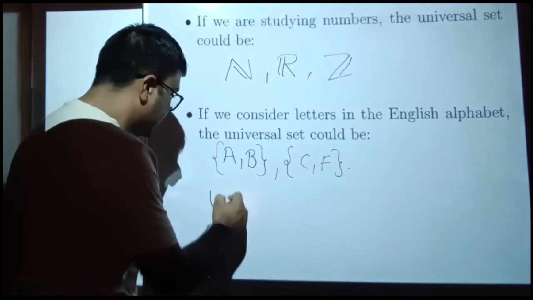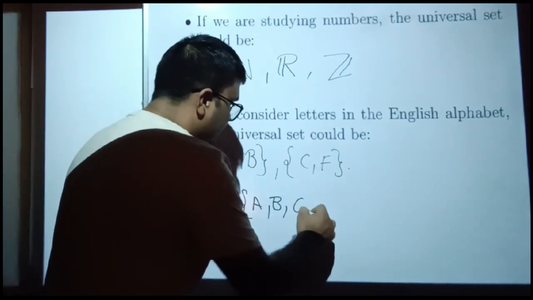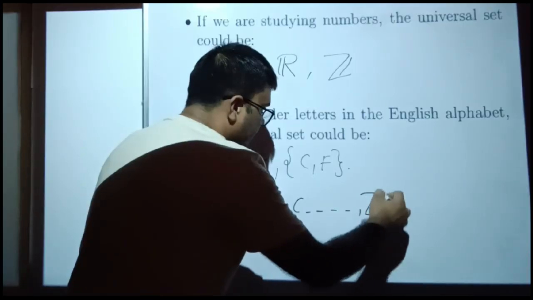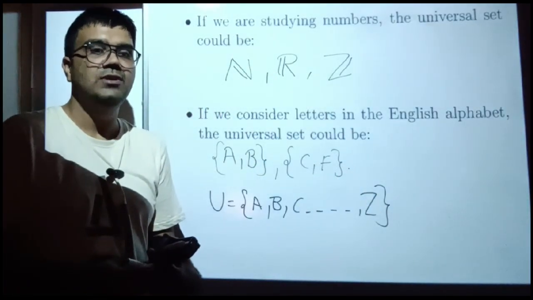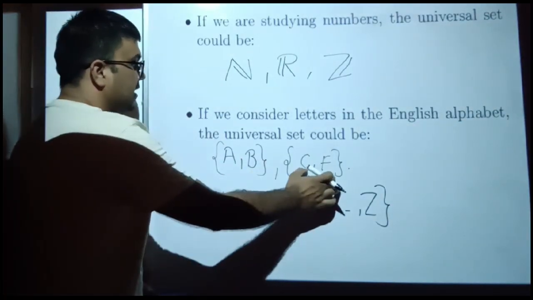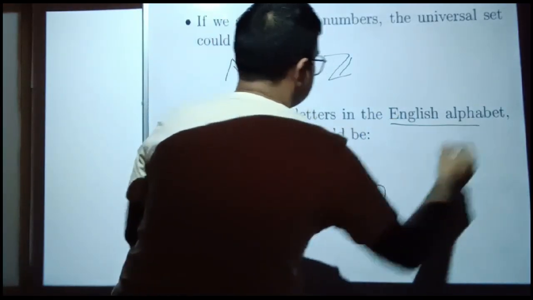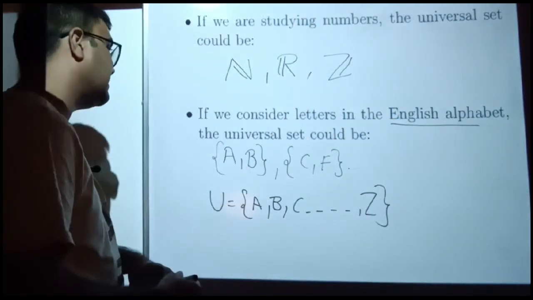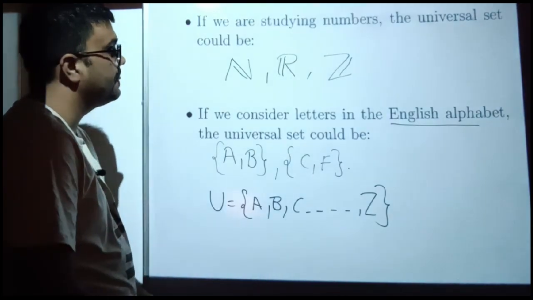We can consider U is equal to A, B, C, and so on up to Z. This can be considered as the universal set for these two sets. So if we consider the set of letters in the English alphabet, then that set can be considered as the universal set for this particular case.